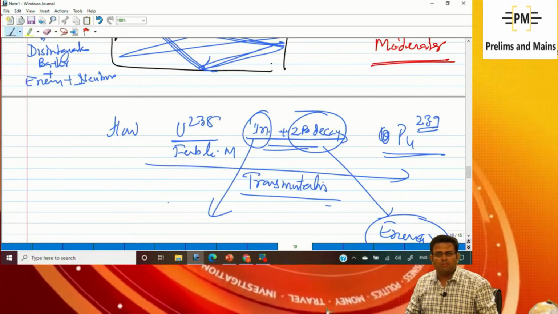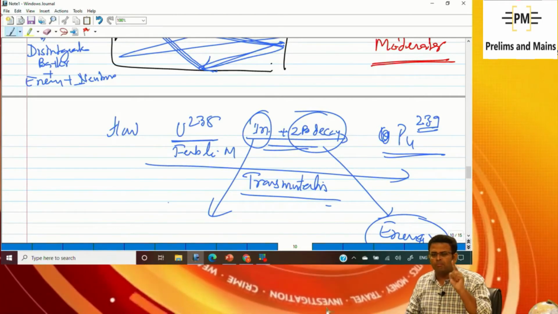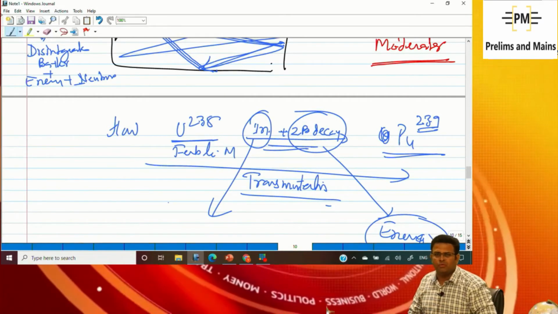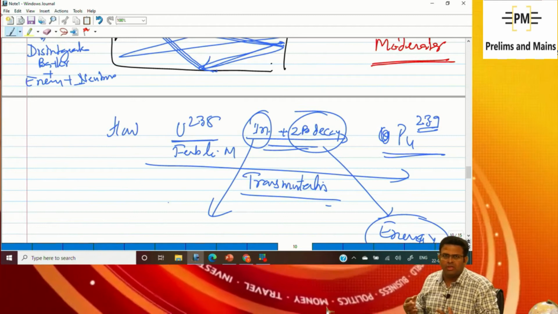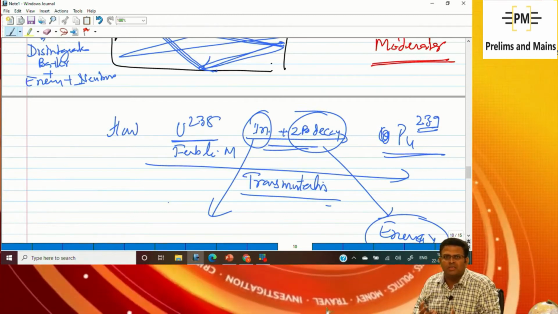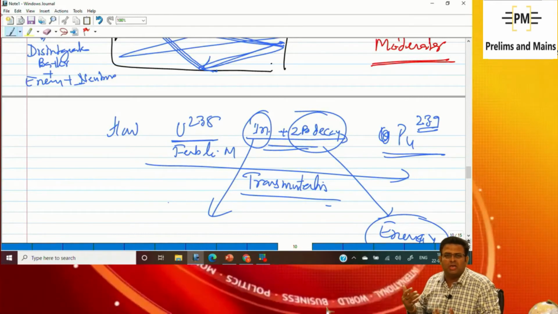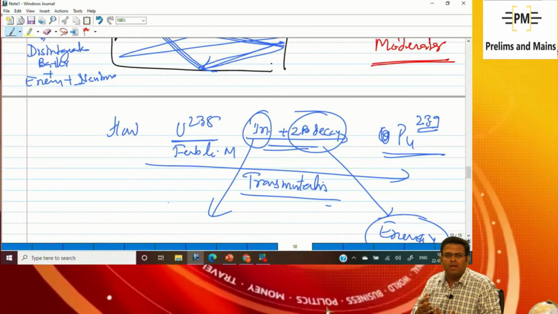It means in the breeder reactor there is no moderator, but the production of nuclear fuel is greater than the consumption. If the book only says production of nuclear fuel is greater than consumption, people will not be able to understand.